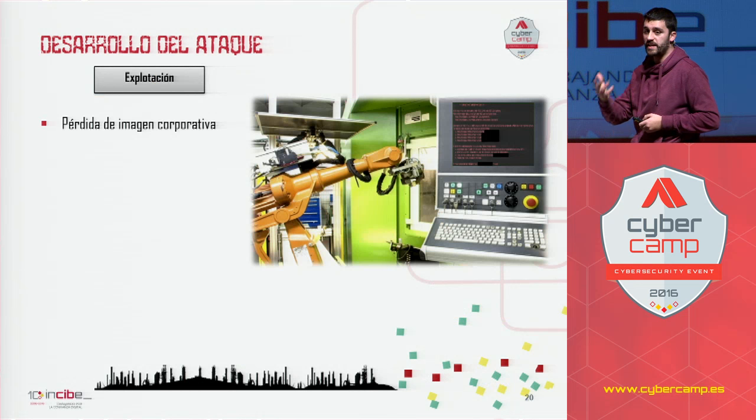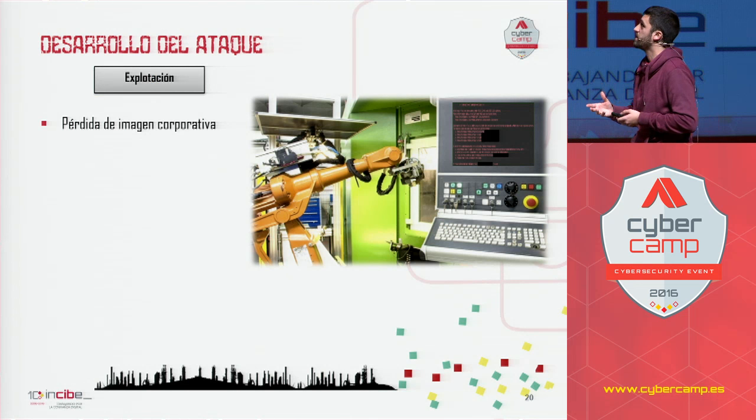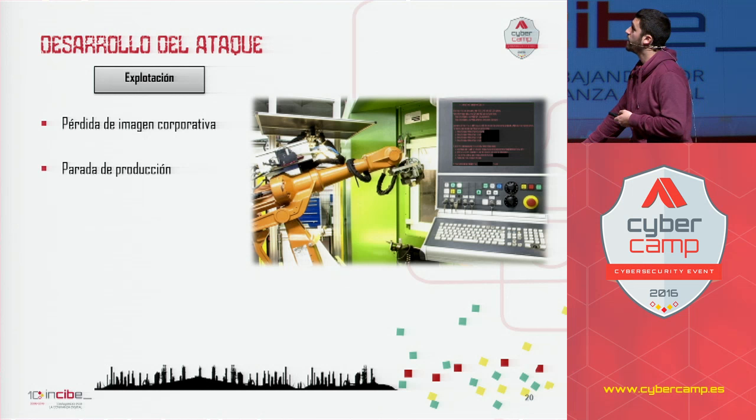Exploits. What then, when the ransomware is exploited? What happens to companies? There is a loss of their brand perception, since they've been attacked by ransomware. Production idle times, and in industry, availability is the most important thing.